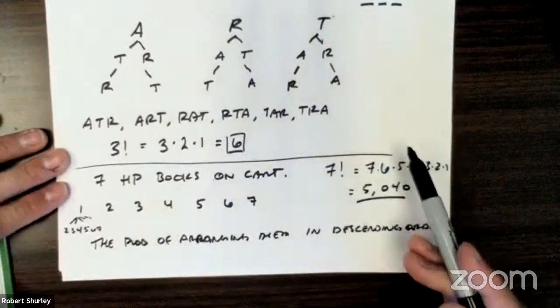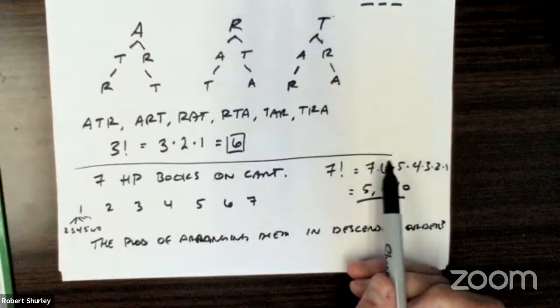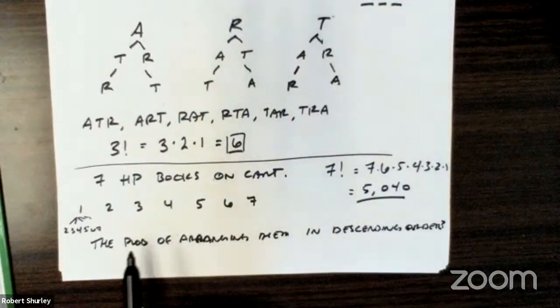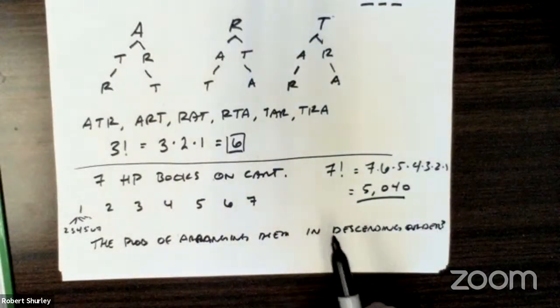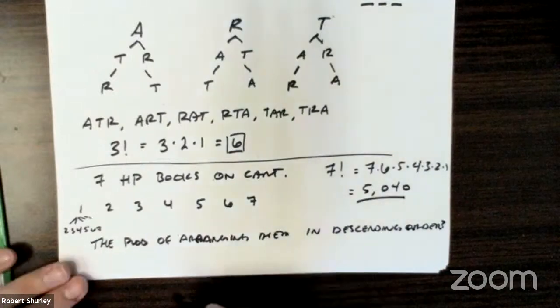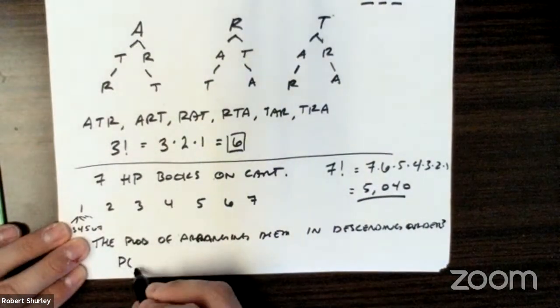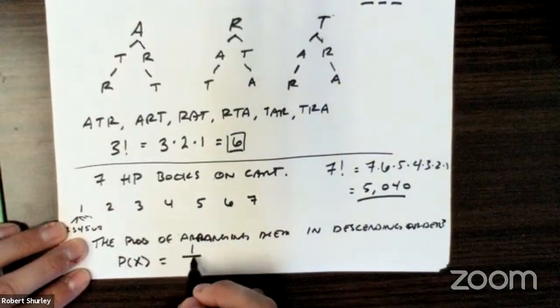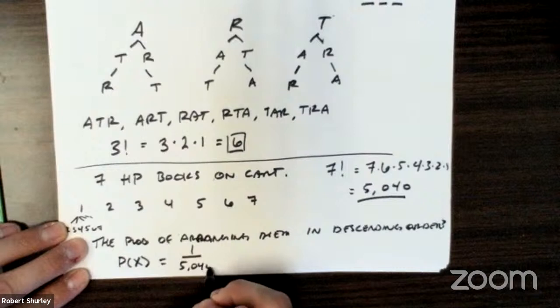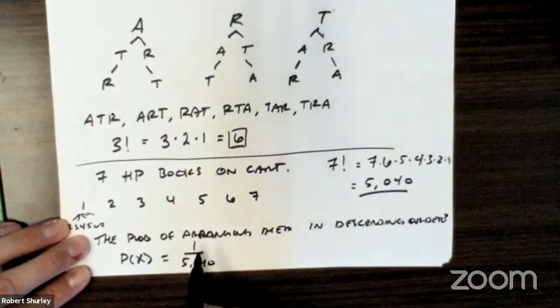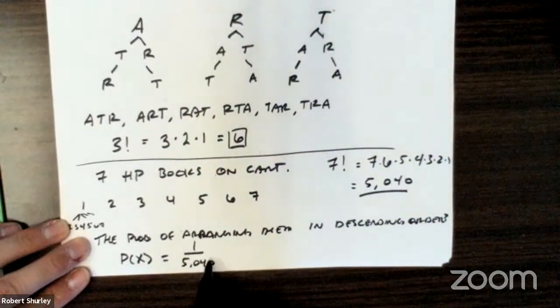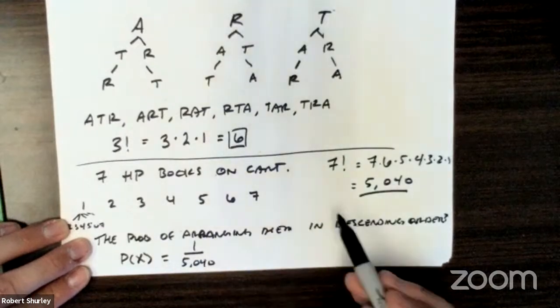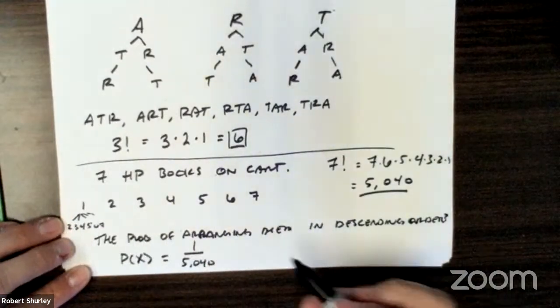Think about this. There's 5,040 different ways to arrange them. There's only one way of getting them in descending order, right? So the probability of this occurring, we'll say X for the occurrence, would be 1 out of 5,040. There's one way out of these 5,040 different ways of getting this in order.